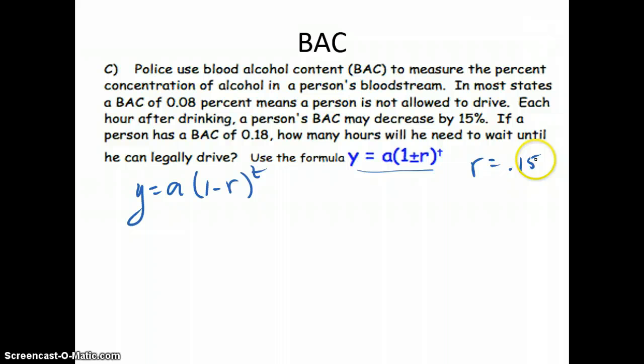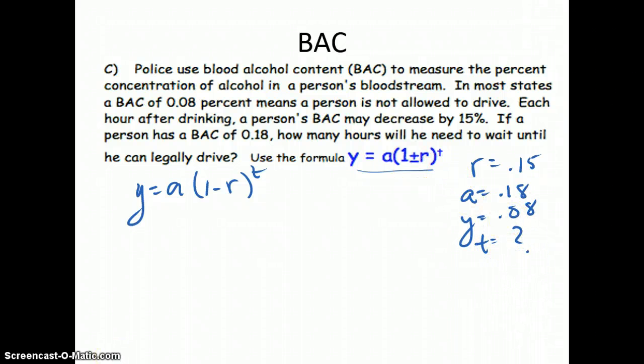Whenever we're given a rate, we always want to put it as a decimal, no matter what. They have a BAC of 0.18, that's what they're starting with, so A is 0.18. What do they want to get to? Their final has to be 0.08 in order to drive. And time is what we're trying to find.